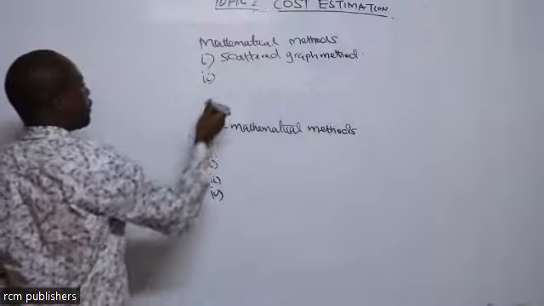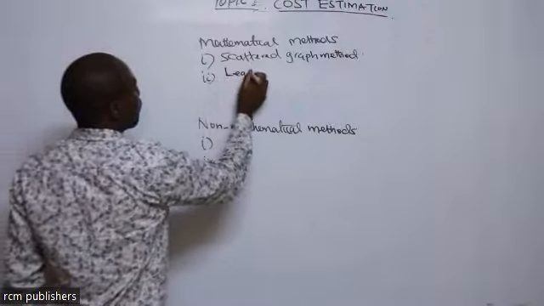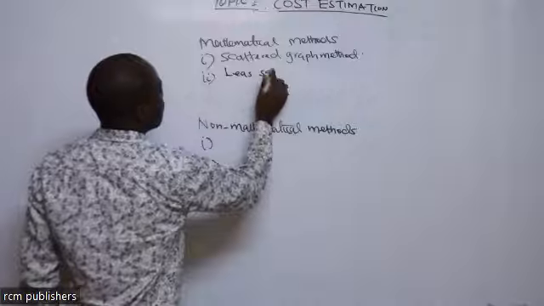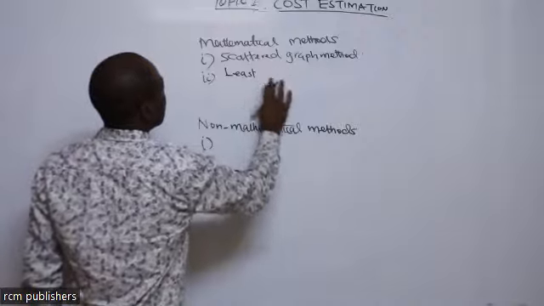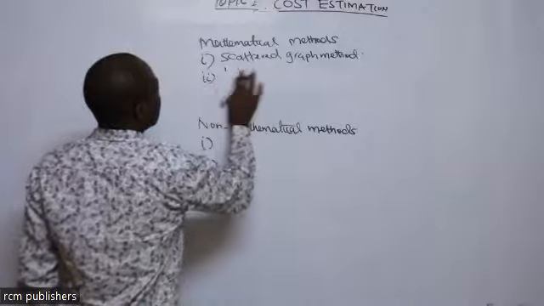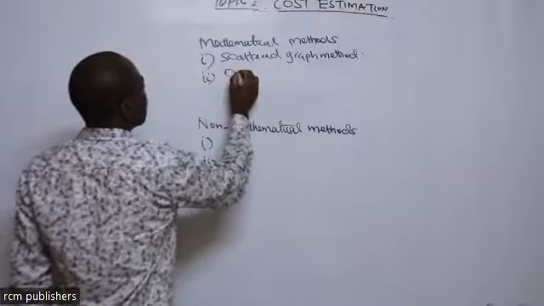Then number 2, we have the regression, or we call it ordinary least squares.